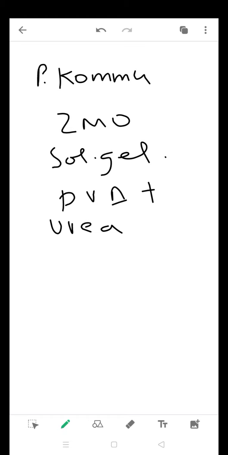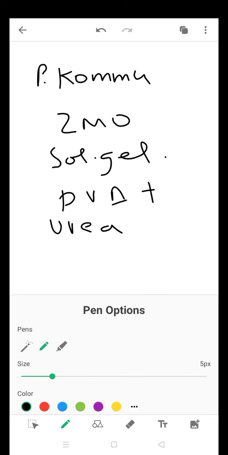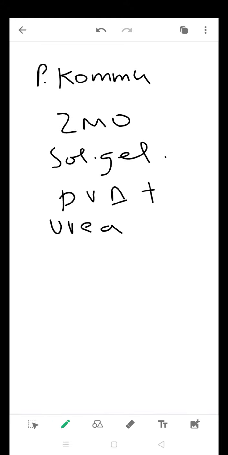For example, these sol-gel syntheses were made using raw materials, zinc nitrate and manganese nitrate.